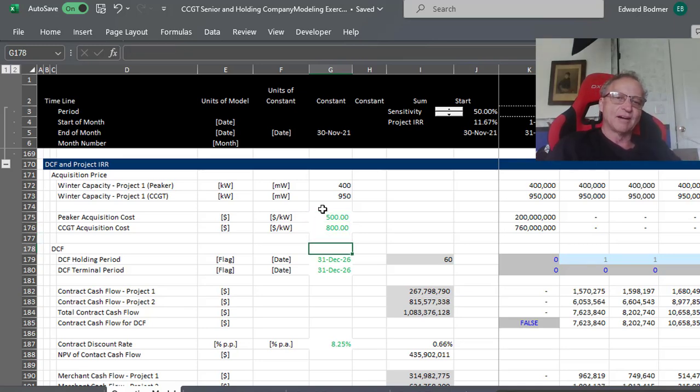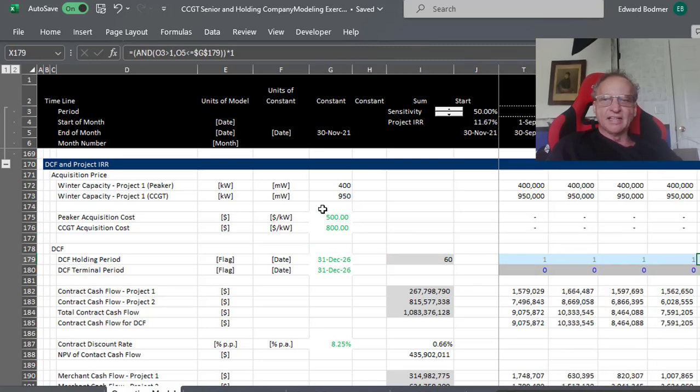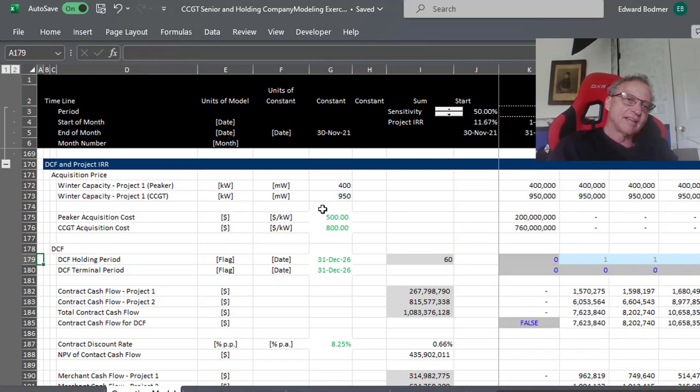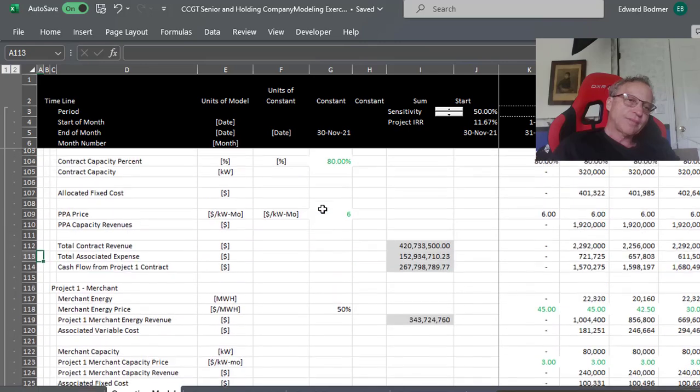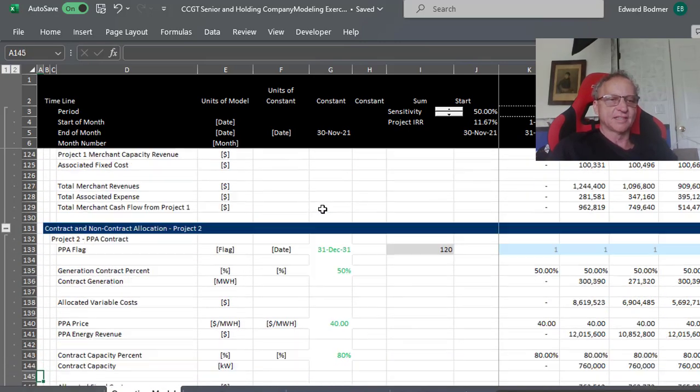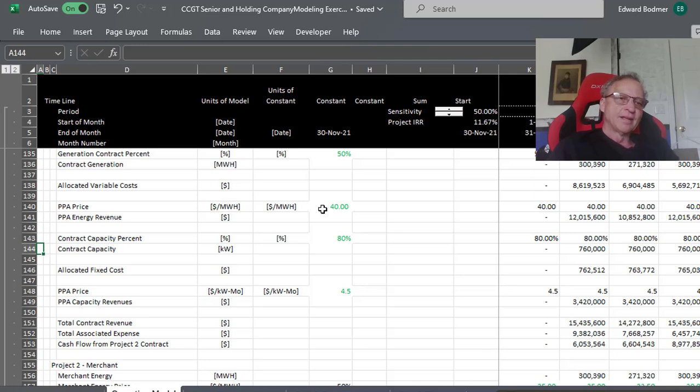So back to our valuation, that's how much we paid. So we put a valuation in, and when we do all our contract and our merchant cash flow, we have to go through and put our merchant prices and our merchant capacity in.